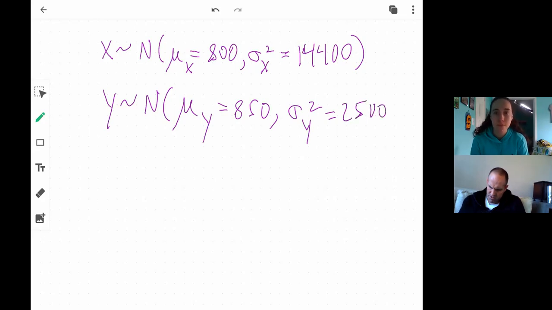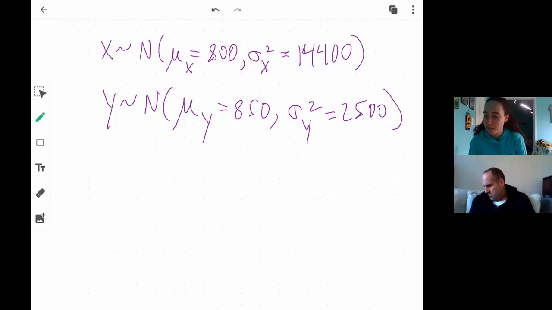Do I have the right numbers here? One bulb is randomly selected from each company and is burned until death. Find the probability that the length of the life of the bulb from company A exceeds the length of the life of the bulb from company B by at least 15 hours.